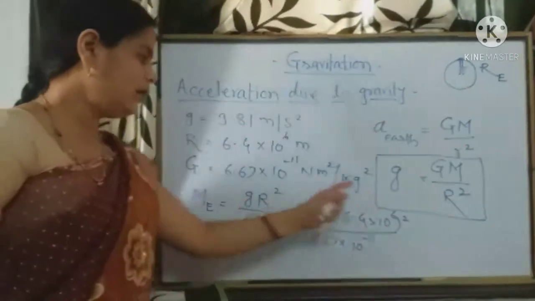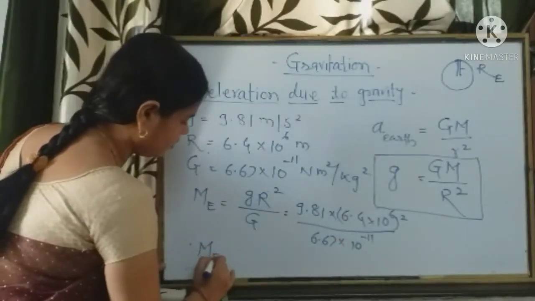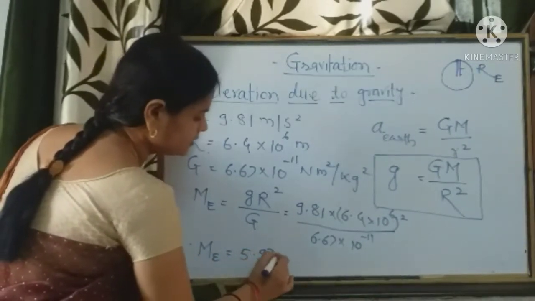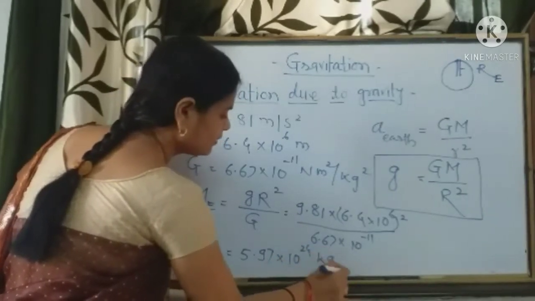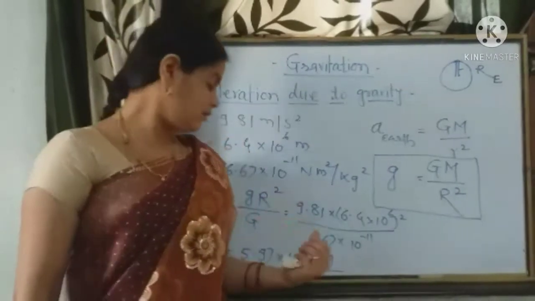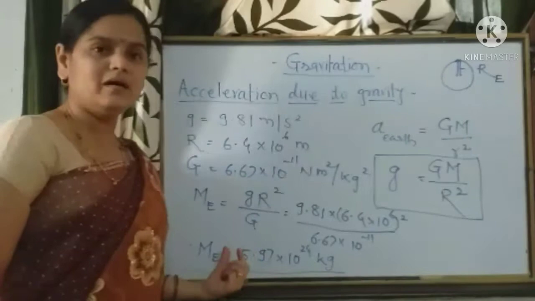If we calculate the whole thing, the mass of earth is 5.97 into 10 to the power 24 kilogram, or nearly 6 into 10 to the power 24 kilogram. This is the mass of the planet earth.